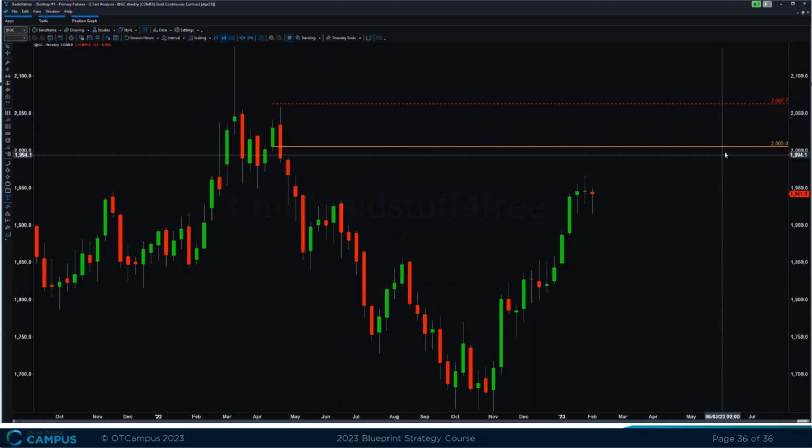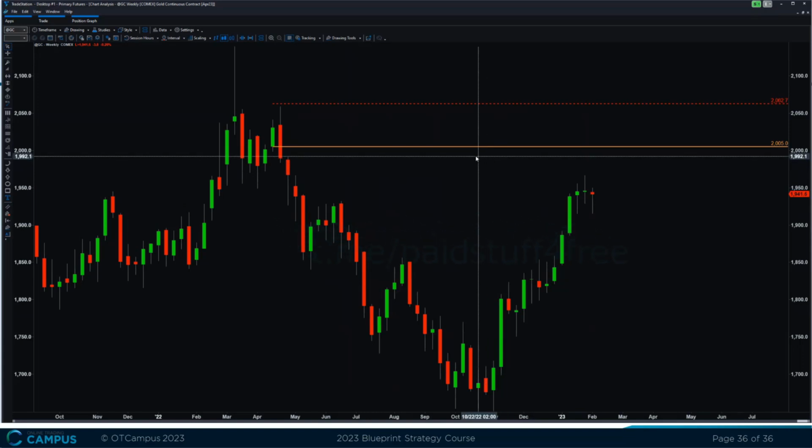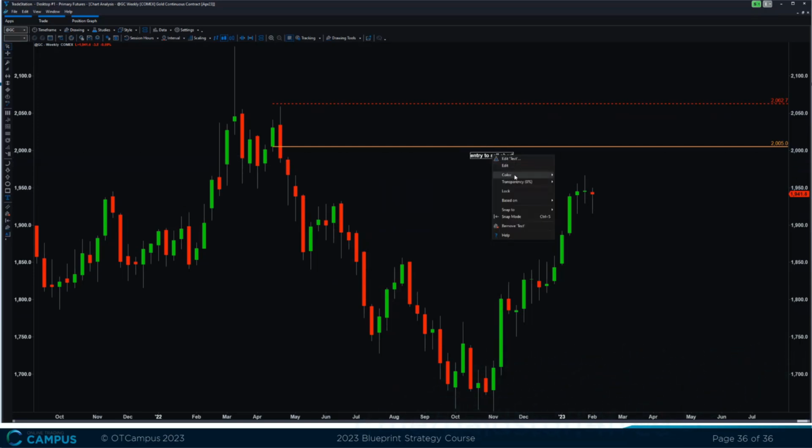So now let us say we have an entry right here, entry to sell short. That's above current price.